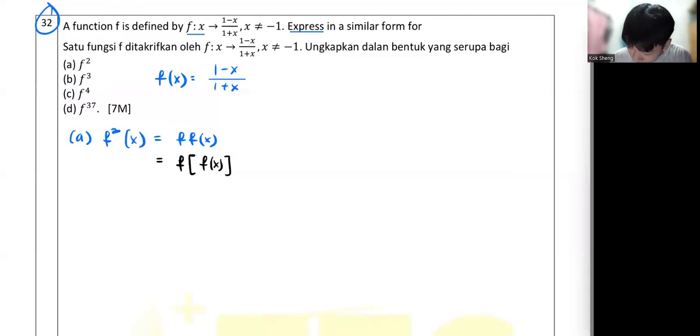Now you can see that this is the object of f, the object of f.